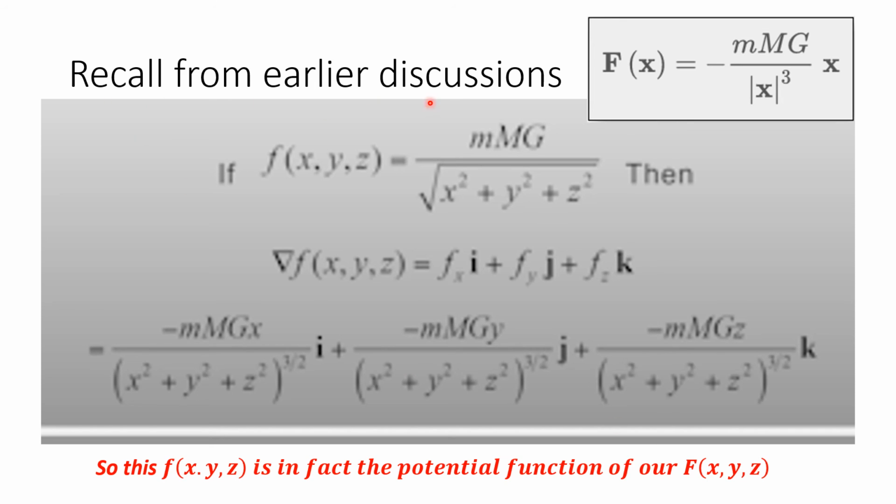Well, we want to recall from earlier discussions that we actually went through an argument like this before. We noted that if lowercase f of x, y, z is equal to this function, and this is Newton's law of universal gravitation, so this is little m, big M times g over the distance, then the gradient is going to be the partial of f with respect to x, with respect to y, and with respect to z.